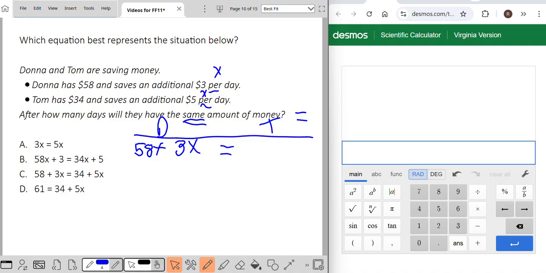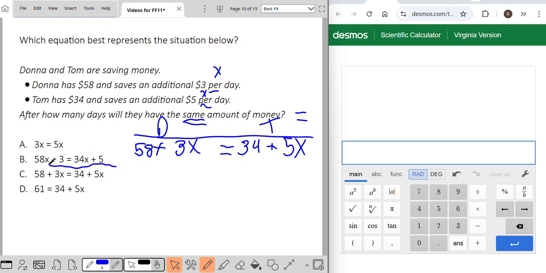Now let's talk about Tom. Tom has $34 and he's going to save, which means adding $5 every day. So let's see if we can find an equation that is 58 plus 3x equals 34 plus 5x.